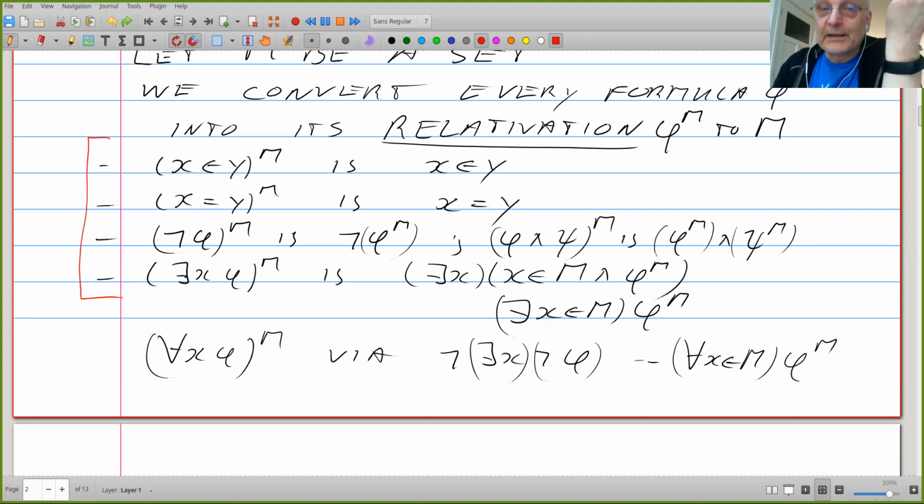And then it's nice to have as few cases as possible. So if we need to check something for all formulas, we only need to check it for element of, equal, negations, conjunctions, and existential quantifiers. And once we have done it for that, the other abbreviations will tell us it also works for the universal quantifier and whatnot. So this is to reduce the workload later on.